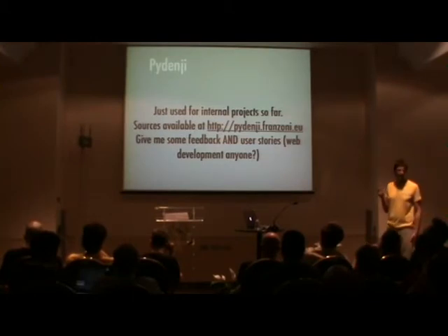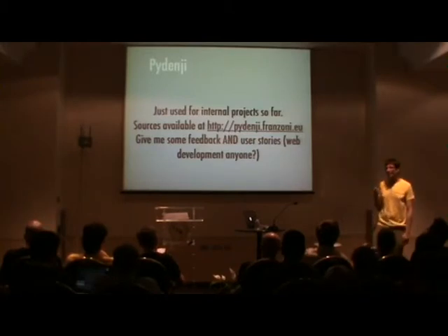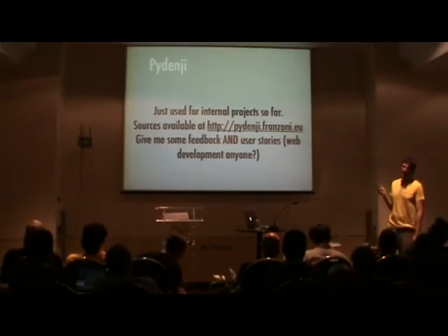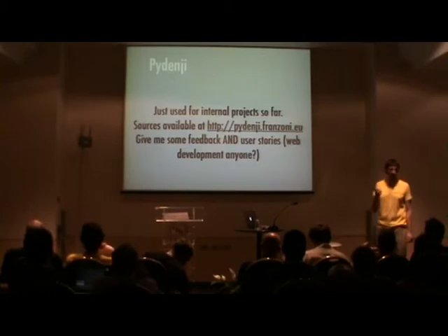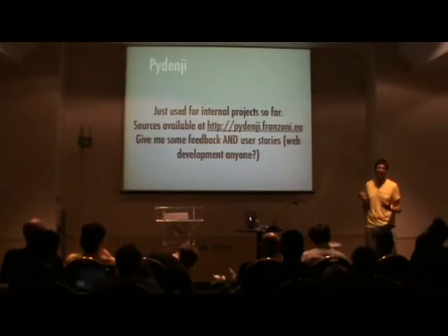You can take a look at its code, you can try to use it, and I would like to get feedback and user stories, because I'm doing very little development with Python on the web. I suppose that many people would like something like dependency injection for Django or for other web frameworks. I think that would be a fine idea, but I don't have a real use case for that.